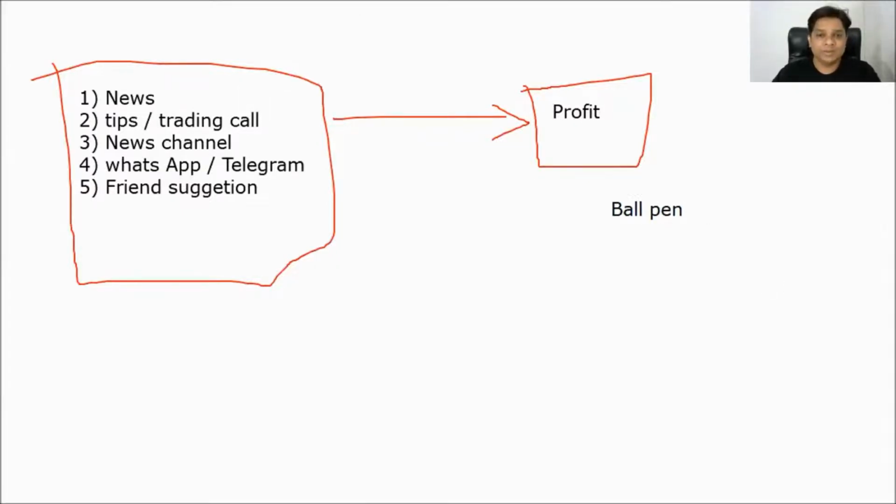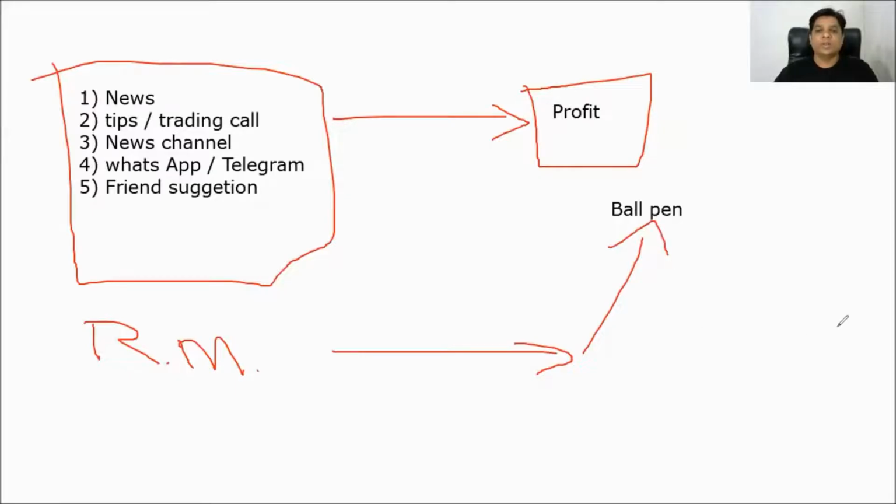To manufacture one ball pen, we have used raw materials like plastic, ink, and some metals to get a similar kind of result, a ball pen.